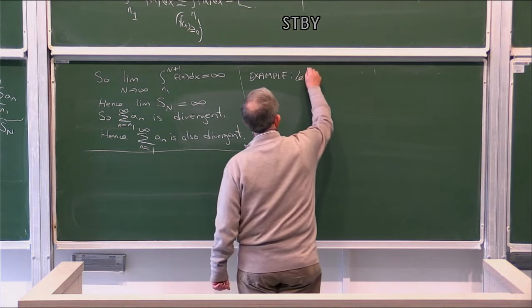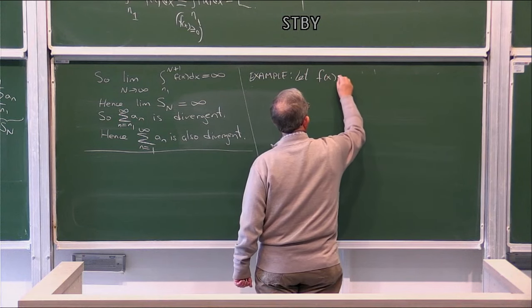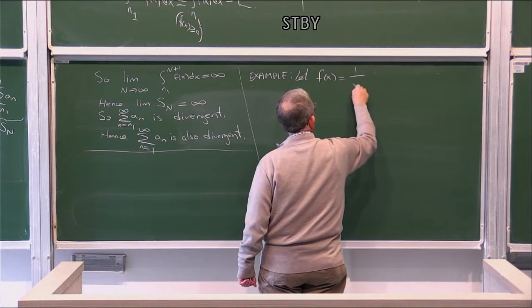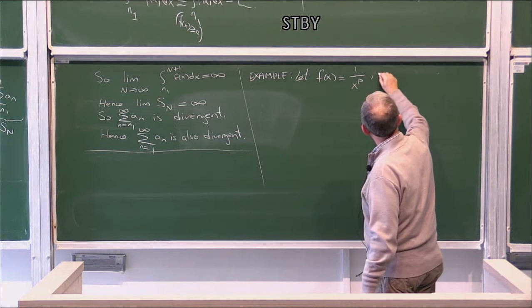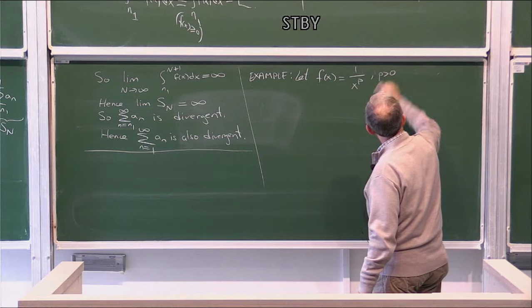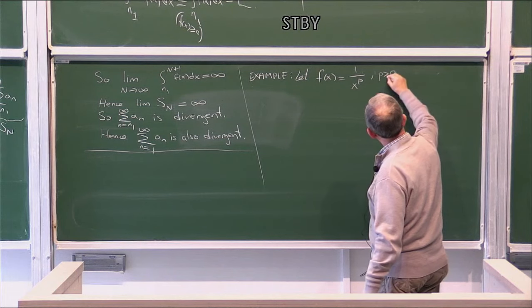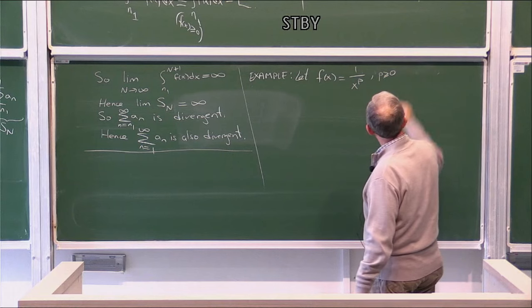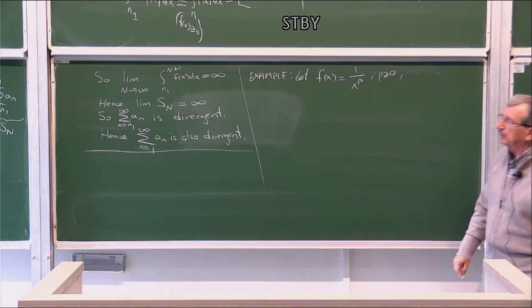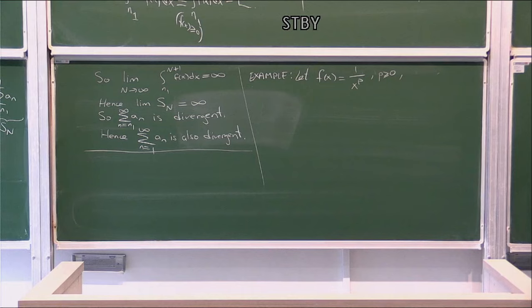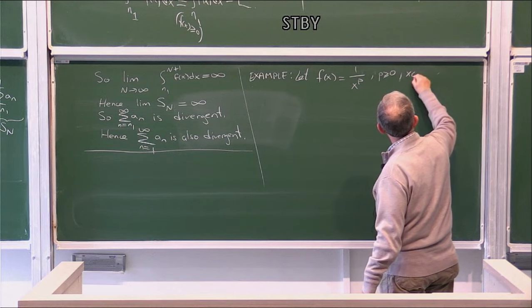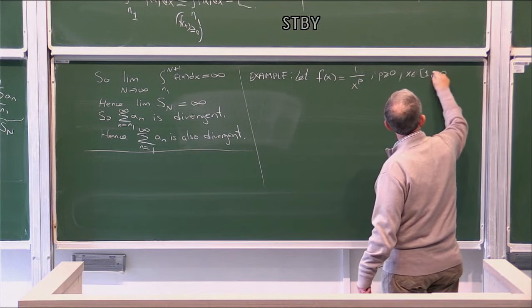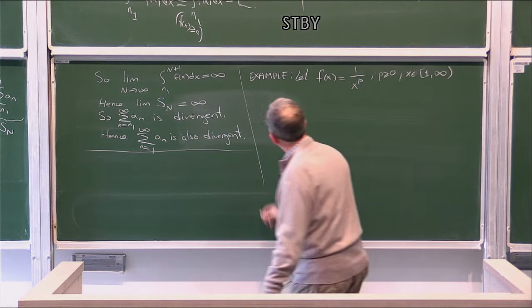Let f of x be 1 over x to the p, where p is a real number. We will assume it is positive, or rather greater than or equal to 0. And of course, for this to make sense, we need x to be positive. So we assume that x is in the interval 1 to infinity.